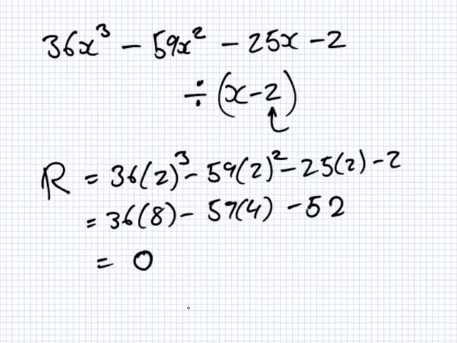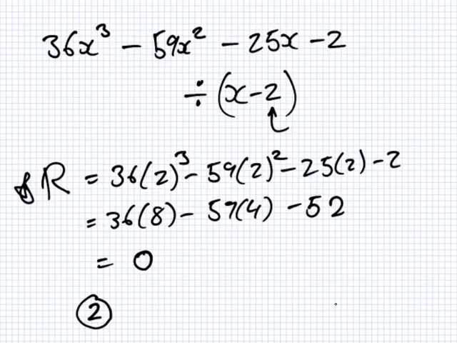In the exam, sometimes they will tell you to use the remainder theorem, and sometimes they will tell you to use long division. If they don't tell you, it's your choice. But you should look at how many marks you're getting. For example, if you're only getting 2 marks, then you shouldn't waste time with long division. You should just use this method.